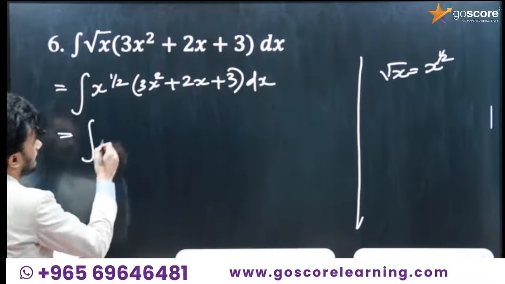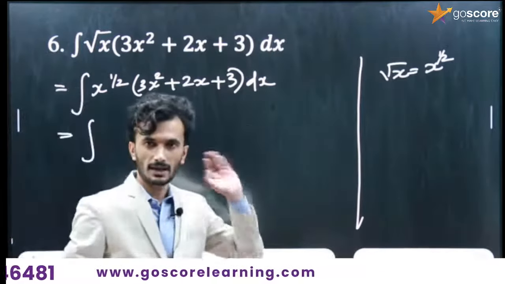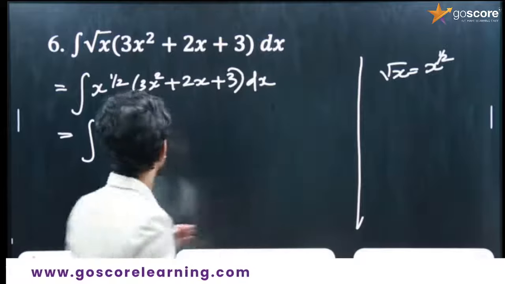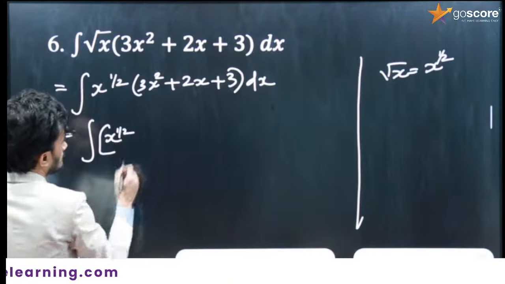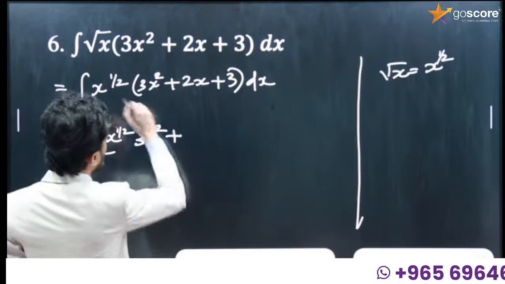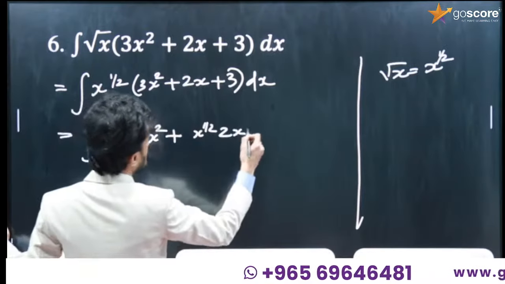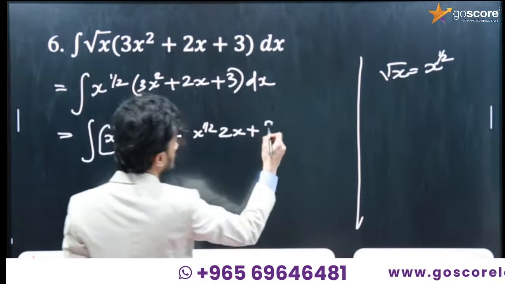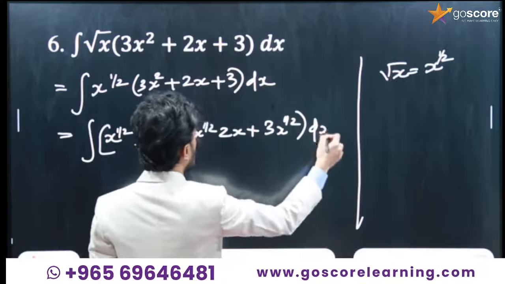So again, I am multiplying this x raised to 1 by 2 into this bracket, or expanding that bracket. So x raised to 1 by 2 into 3x square, plus x raised to 1 by 2 into 2x, plus 3 into x raised to 1 by 2, dx.